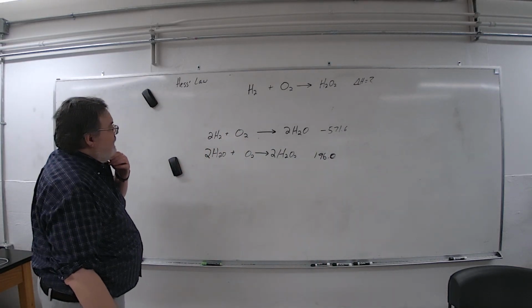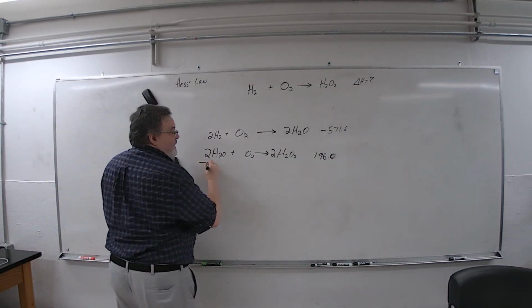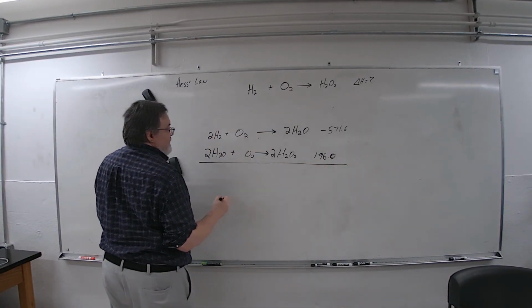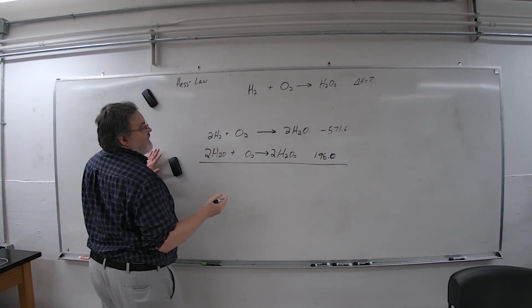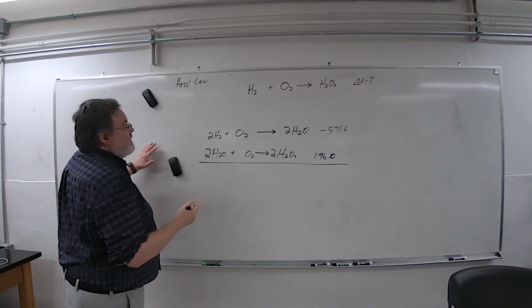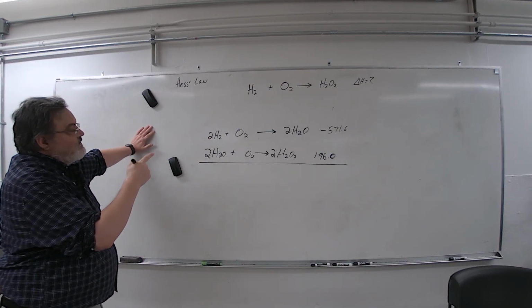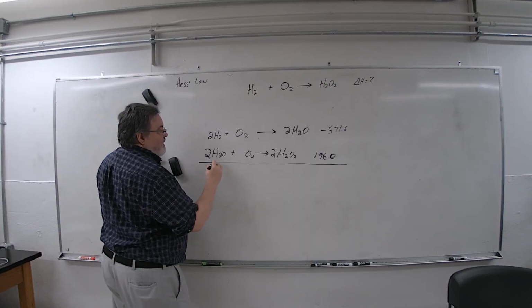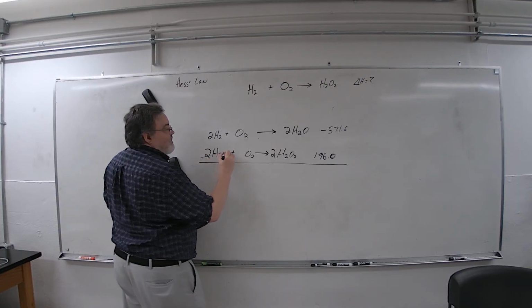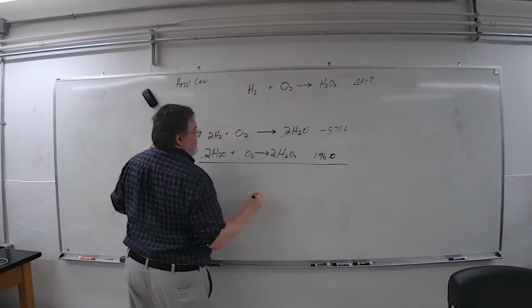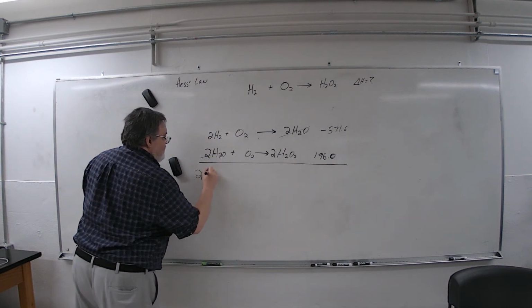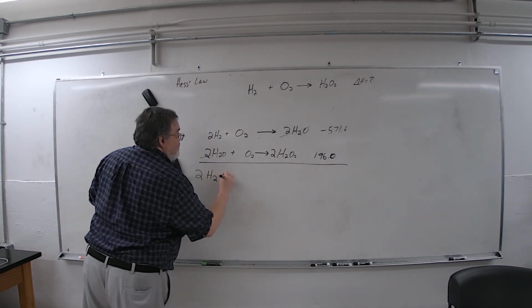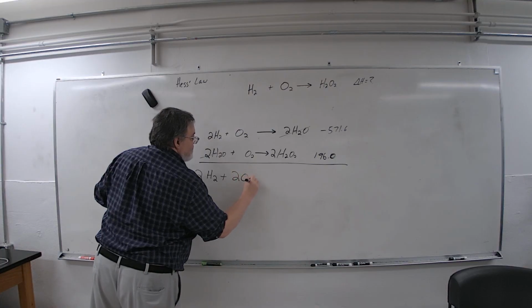Alright. I'm going to go with this. I do have to fix something at the end, but I'm going to go with it as it is. 2 of those, 2 of those. Yeah. I'm just going to end up dividing by 2 in a minute. 2H2O, 2H2O cancel, and I'm down to 2H2 plus 2O2.